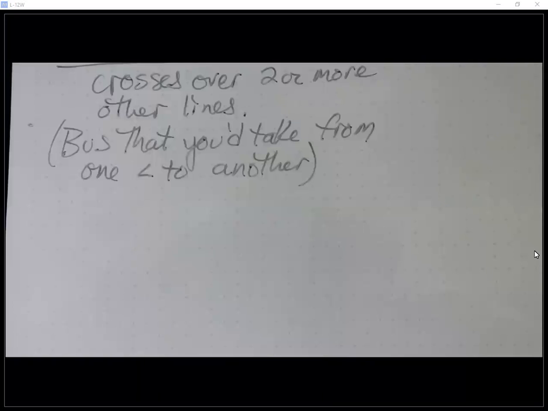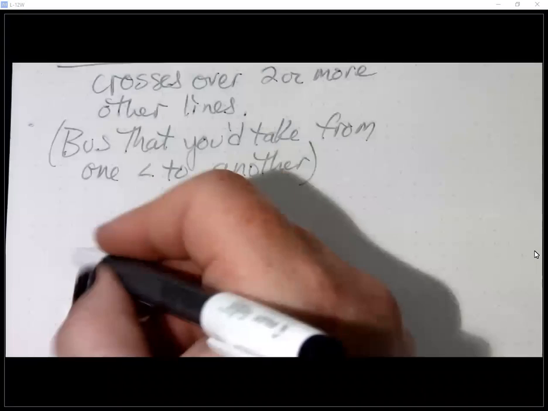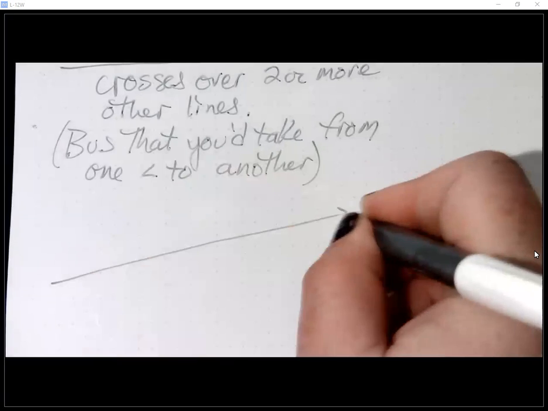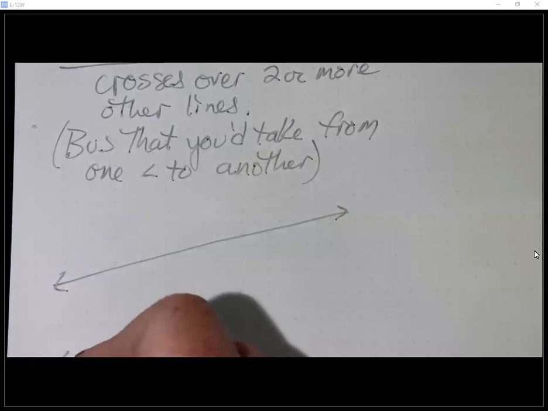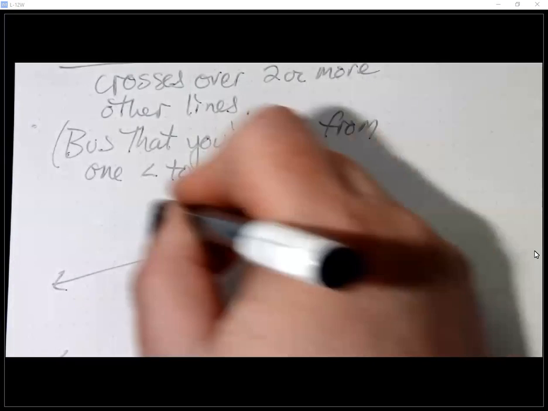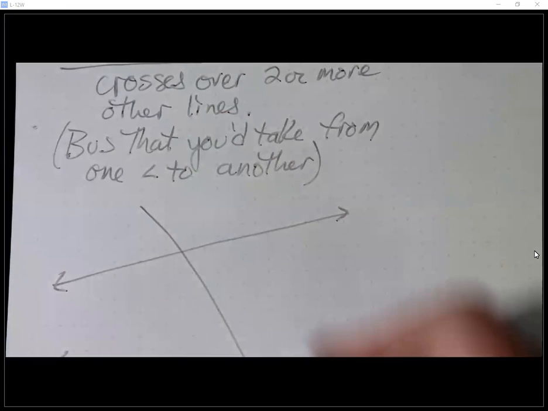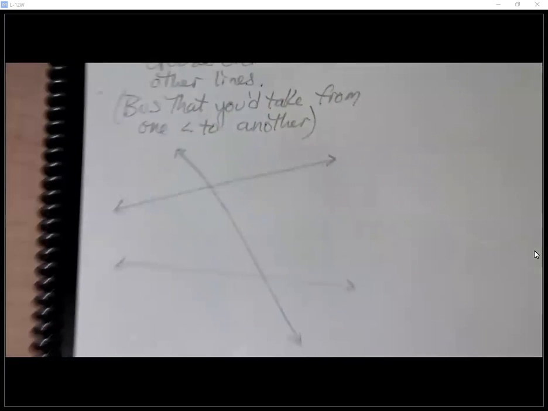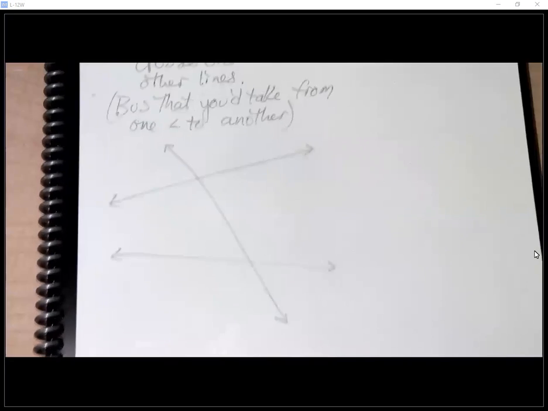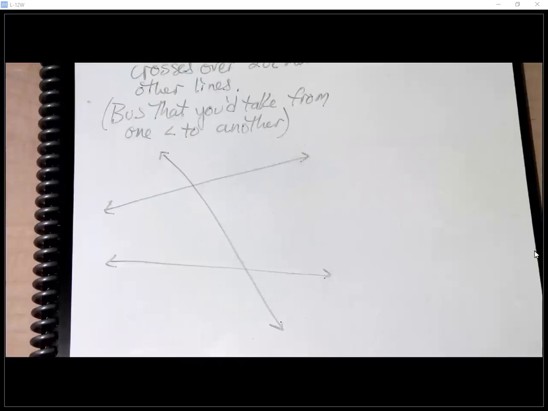I want you to imagine I had a couple lines here. Maybe I have a line here. And I want you to pretend that this is the bus map. These are all the routes that the bus is going to go.